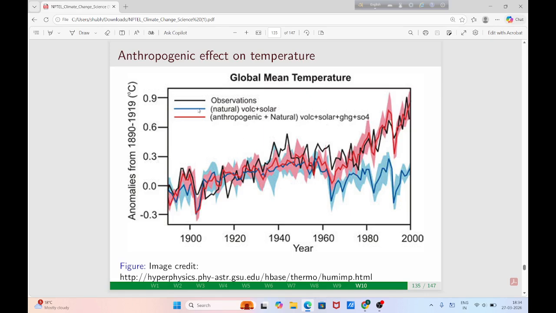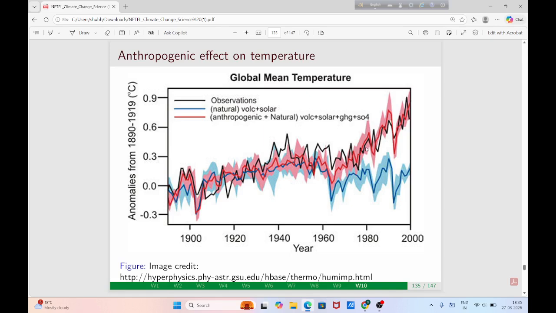And in the second case, which is denoted by the red, it has both anthropogenic and natural factors into its consideration. So you can see that the red one matches very well with the observations. And you can see the pink line, pink shading. That, I think, actually refers to the uncertainty. And that is actually also captured while you do the ensemble.